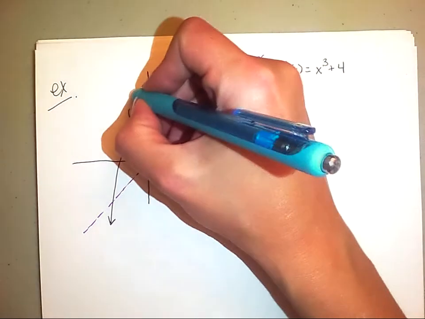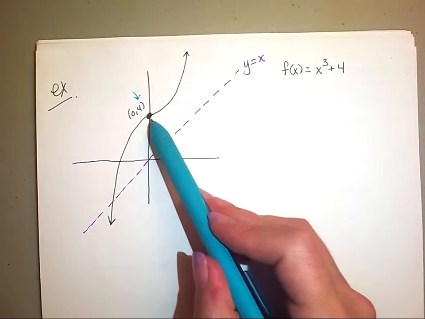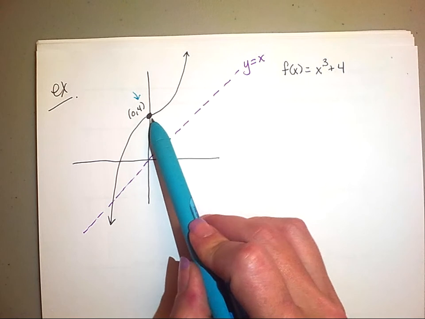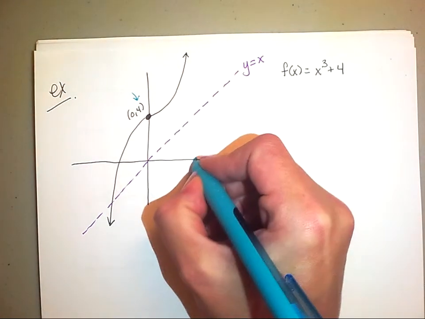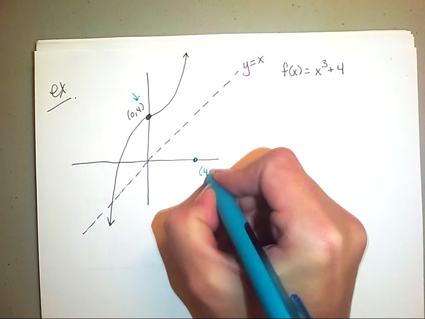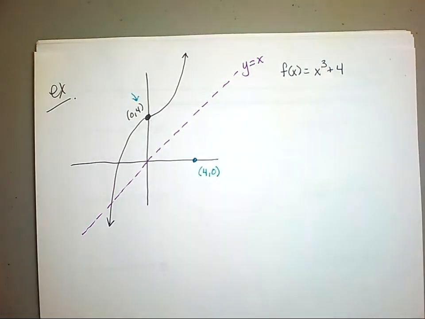And the only other thing I know is that if (0, 4) is on the function, then (4, 0) needs to be on the inverse, by the flip-flopping of points.